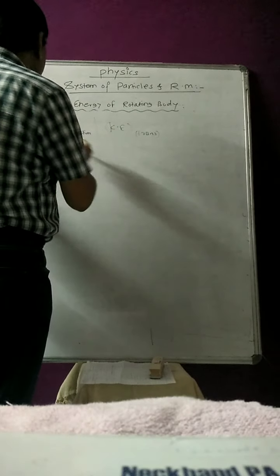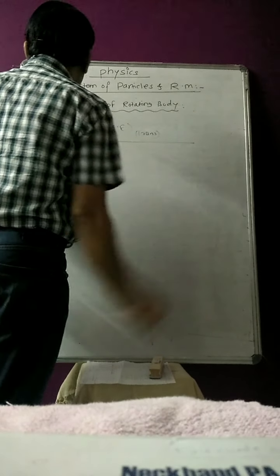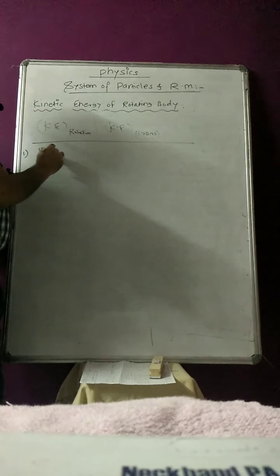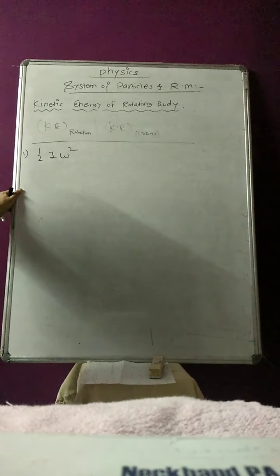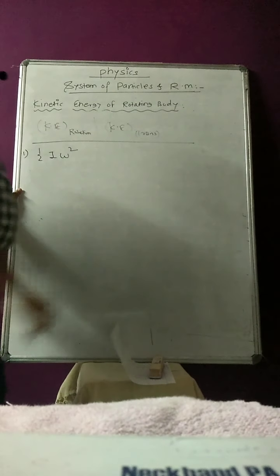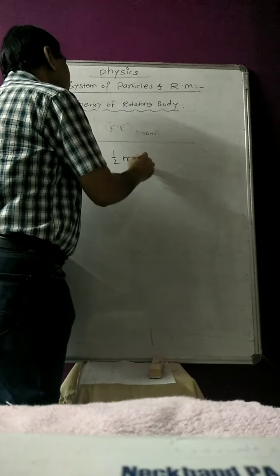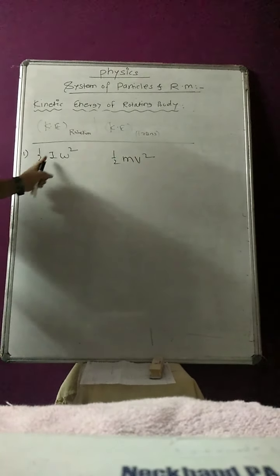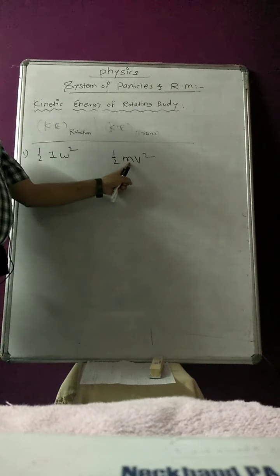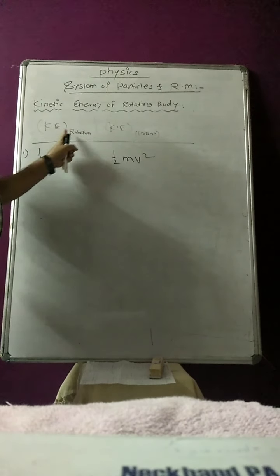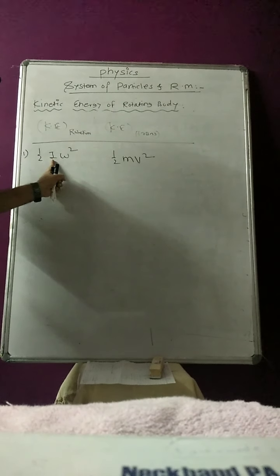First of all, kinetic energy in rotation can be written as 1/2 I into omega square. In translatory motion we write 1/2 m into v square, because here in translatory motion m is the mass, while in rotational motion it is the moment of inertia.